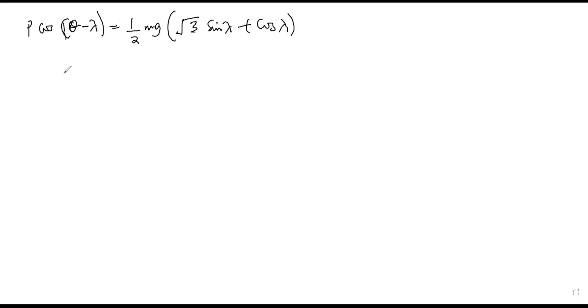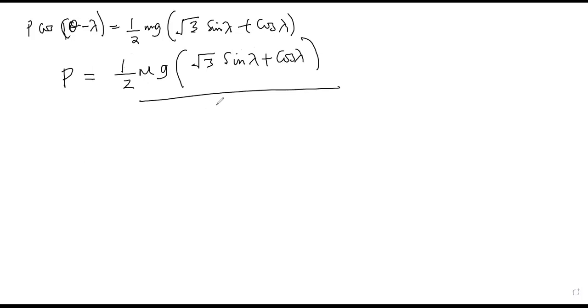So our P is going to be equal to a half mg into root 3 sine lambda plus cos lambda, we divide by cos theta minus lambda.